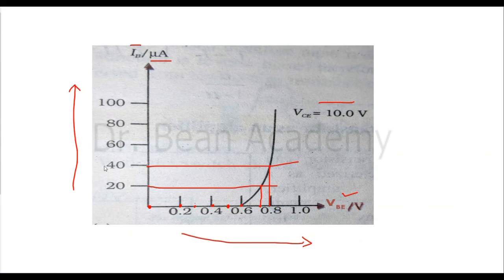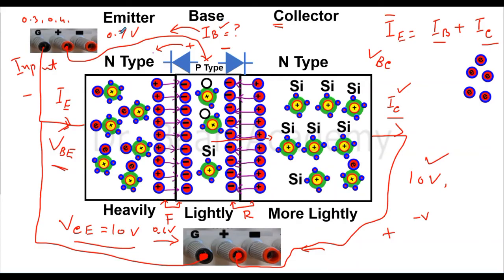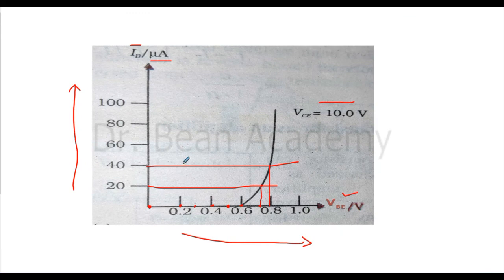If I set the voltage of 0.8 across the base and emitter, then the current coming out of the base will be around 40 microampere. And if I leave the voltage here, I don't change it further, this is the constant current which is coming out of the base, and it will never change, right? Okay.